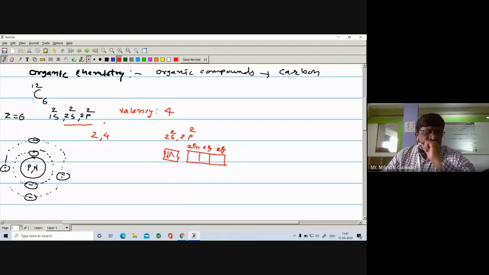In the outermost orbit they are filled singly, so you can write them like this. Let me write it once more.